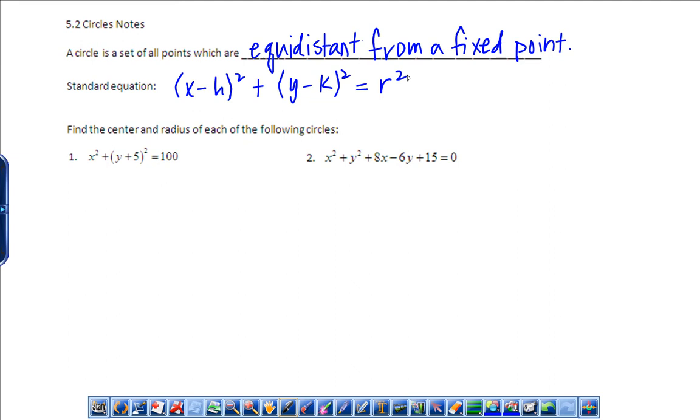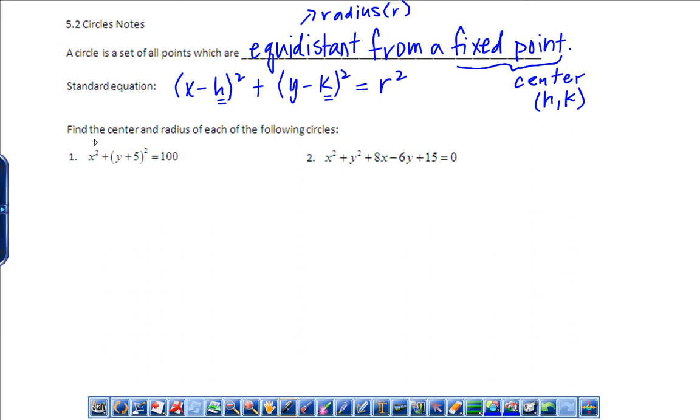So back to the definition, when it says the set of all points which are equidistant from a fixed point, that is going to be your center, and your center is the ordered pair (h, k). And equidistant, this is your radius, and that is r in your equation.